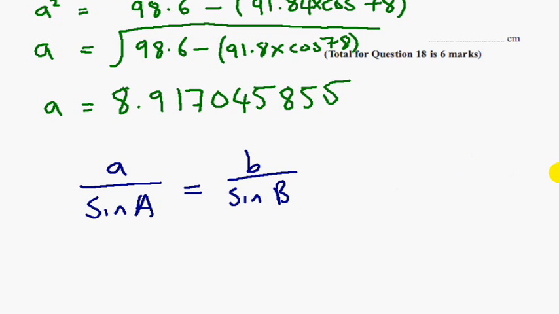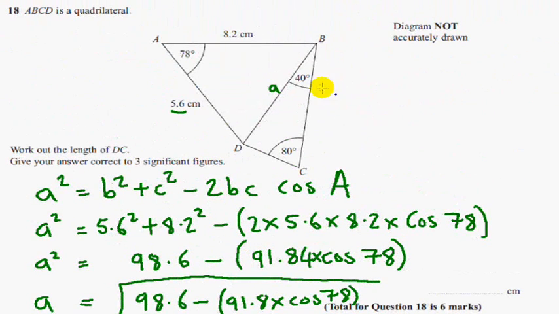Let's label those in. I'm going to get rid of that little a now, that represented DB. Now using the sine rule, little a is going to be the length DC, big A is going to be the angle opposite that length, which is 40 in this case, and little b can now be the length that I've got, and big B is 80 degrees, which is the angle opposite that.